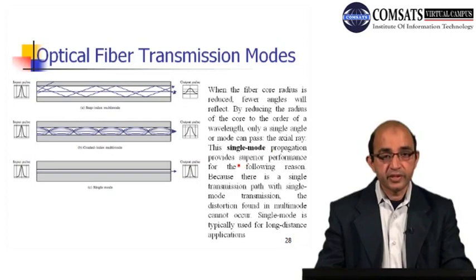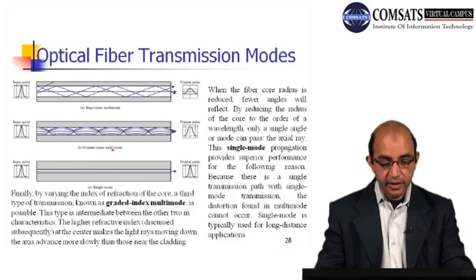It provides superior performance for some reasons: a single transmission path. The distortion found in multimode cannot occur. Here we have more distortion, but here, as we have only single mode propagation and a single transmission path, we don't have any sort of distortion.